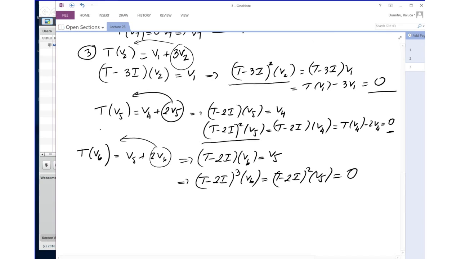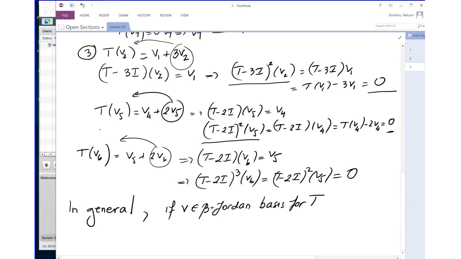So what happens in general? If beta is a Jordan basis for an operator T, what does that mean? The matrix of T in that basis turns into those blocks.